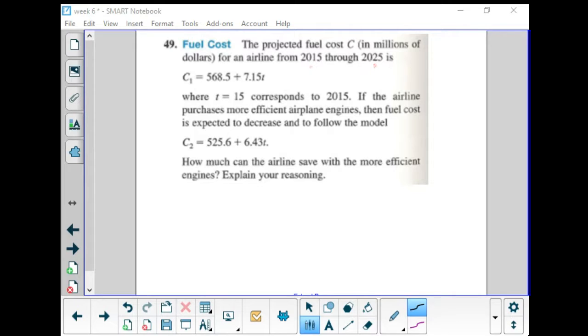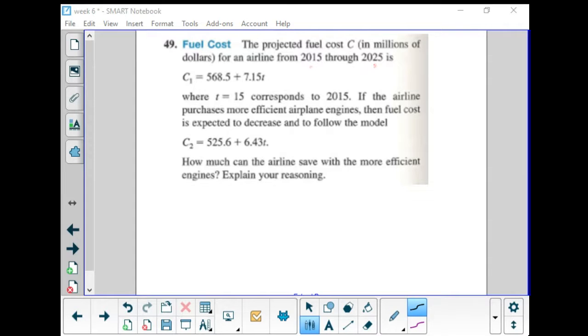Now, given a change in the engines, we may be able to use our fuel more efficiently. And so our cost may be able to improve, and we're going to follow this model instead of this model. If we graph these two, we'll see that this is the model that's above this model.